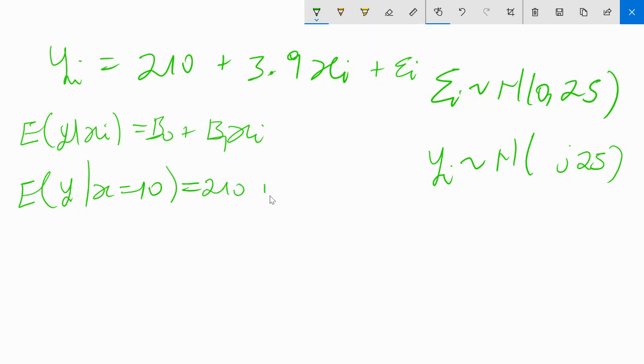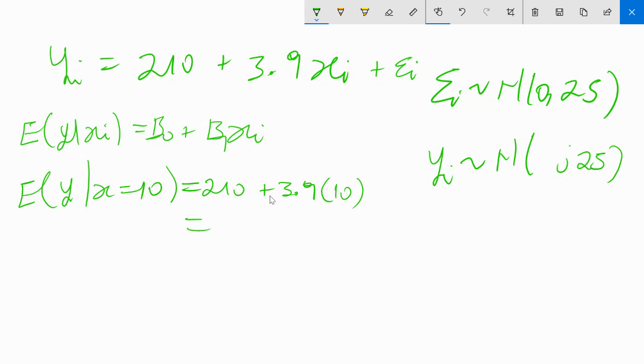Now we know beta 0 is 210 plus 3.9, which is our beta 1. For x equal to 10, the expected value of y is 249.